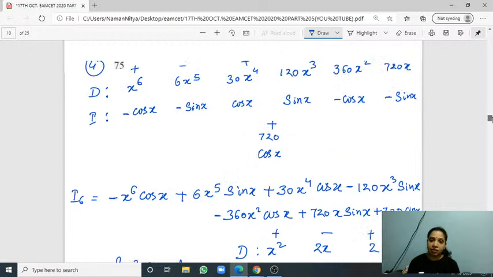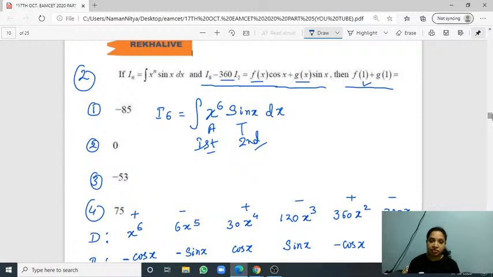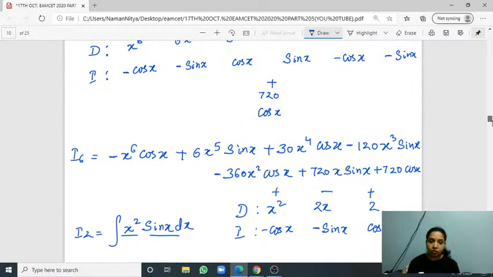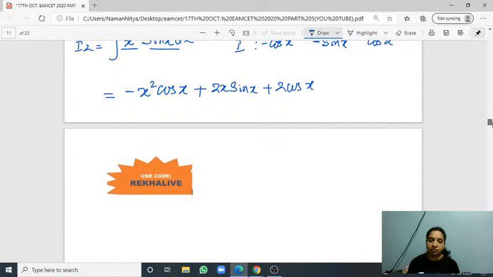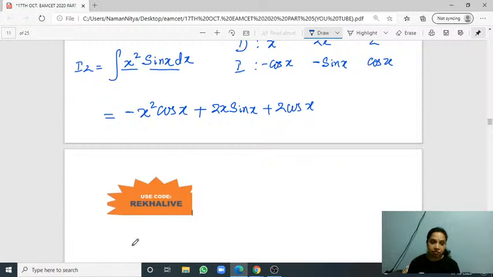Now 360 I2 we have to do. So this I6 you give as equation 1. And here I am just going to write 360 I2. So what will I get?